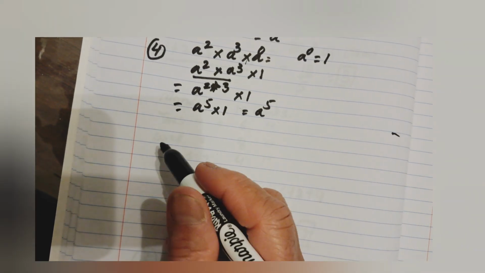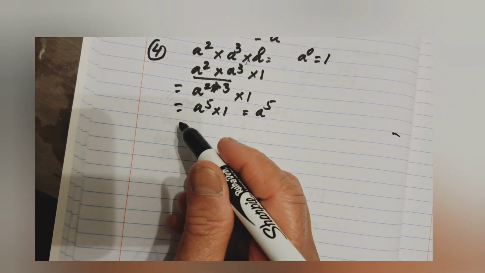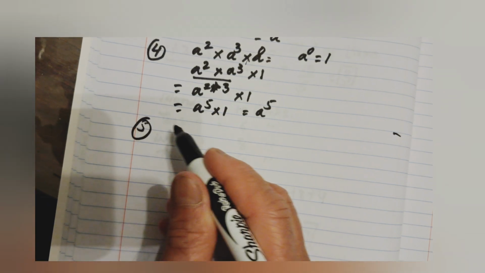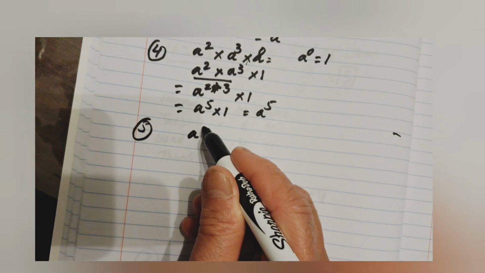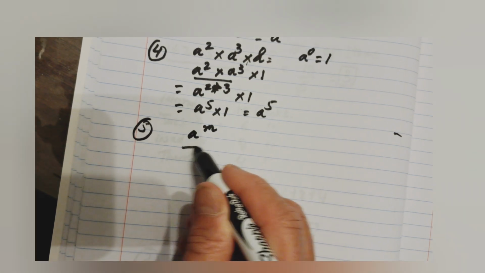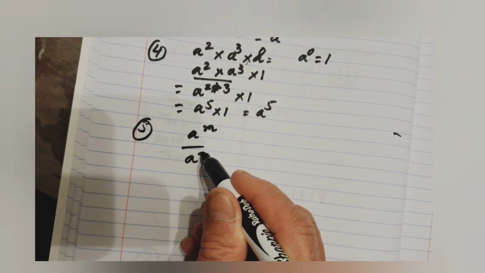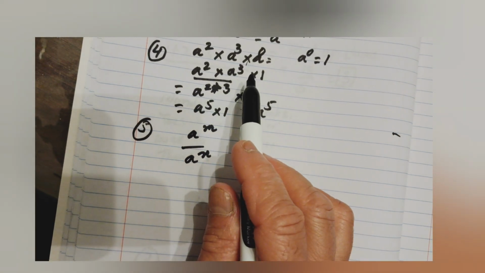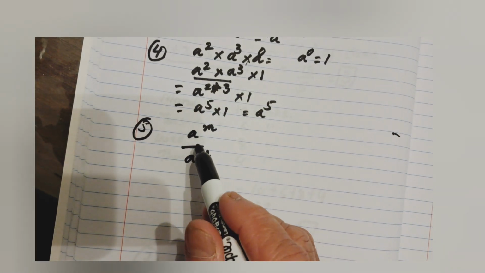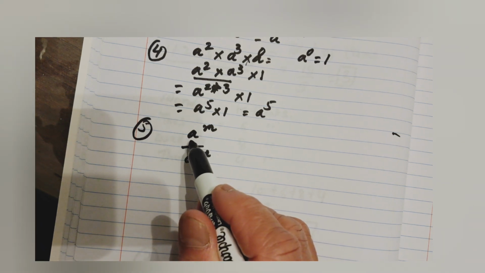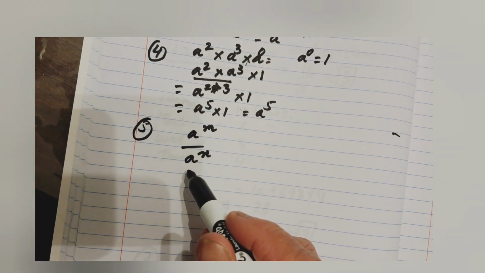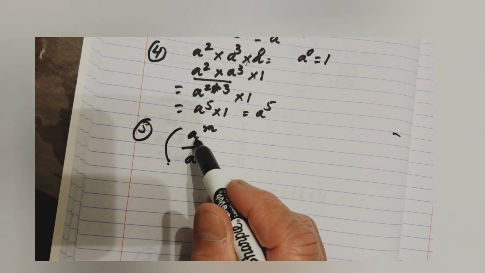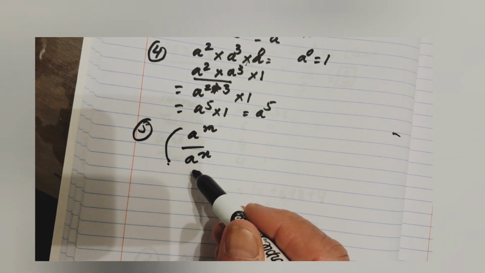And sometimes we have a question like a to the power of m divided by a to the power of n. In multiplication, the powers are added, and when this one is upside down, a is on the top and a is on the bottom, this means division.